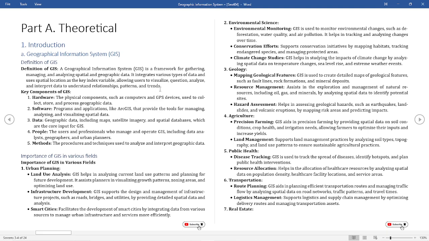To meet all these objectives, there are a few key components of GIS. What do we need? We need the hardware. We need computers. We need GPS devices. Nowadays, GPS devices are built into our smartphones, so we can use these smartphones to collect geographical data.